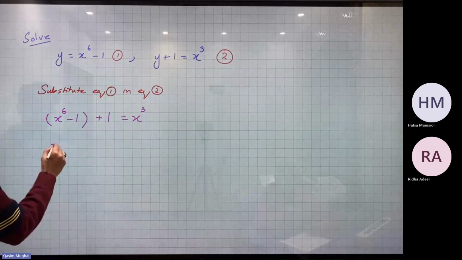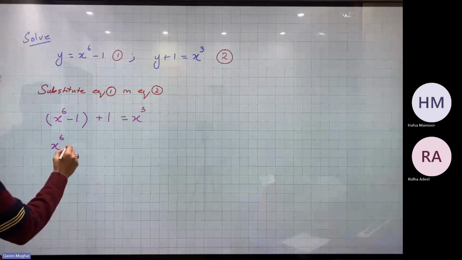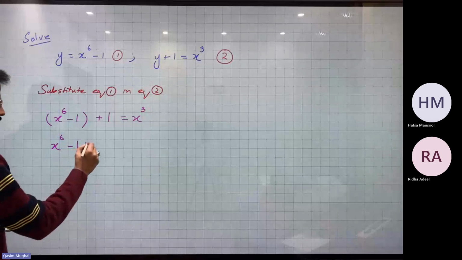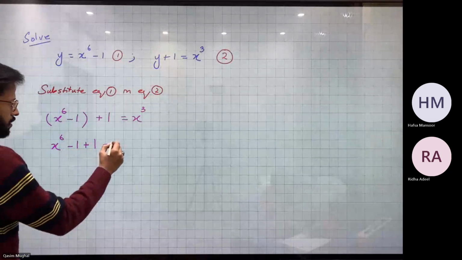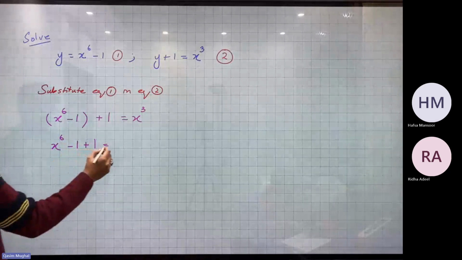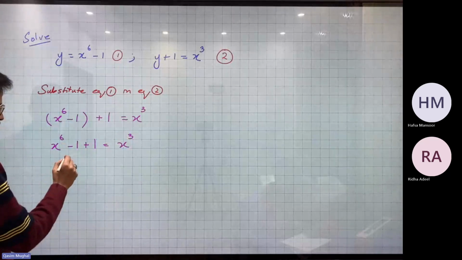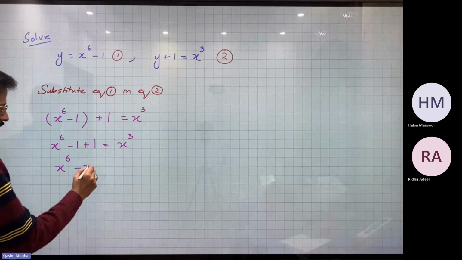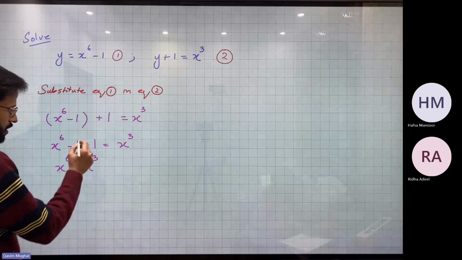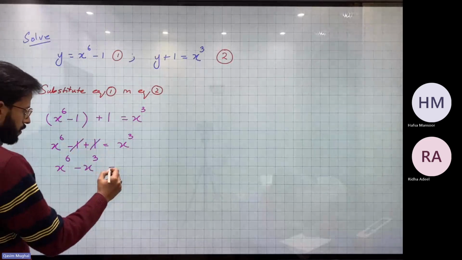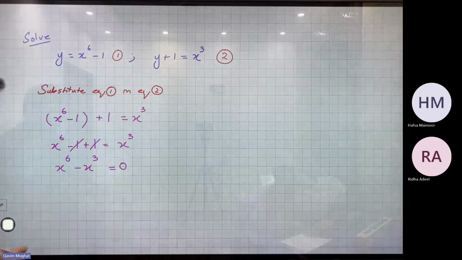Now, if we rearrange this, x raised to the power 6 minus 1 plus 1 equals x raised to the power of 3, so x raised to the power of 6 minus x raised to the power of 3. These two will cancel out, and this equals 0.